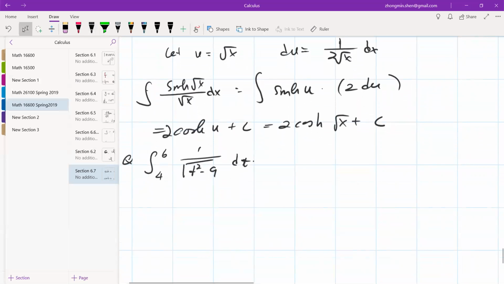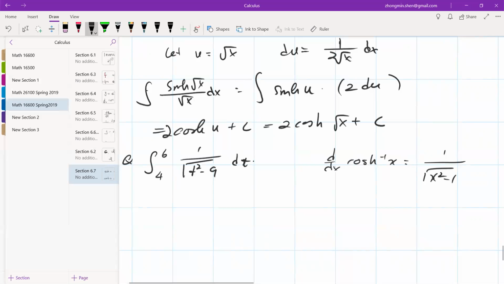If we forgot the formulas, you can find the derivative formulas in the book. Which one gives this? We have to recall the formula. So this is the formula. How can I use this formula to solve the problem? It's x squared minus 1 here, and t squared minus 9.